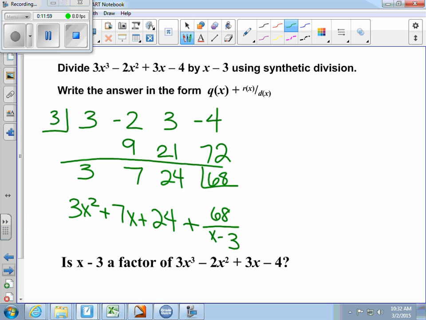Let me show you why this is what it is. If I were to divide 3 into 28, what is 3 into 28?